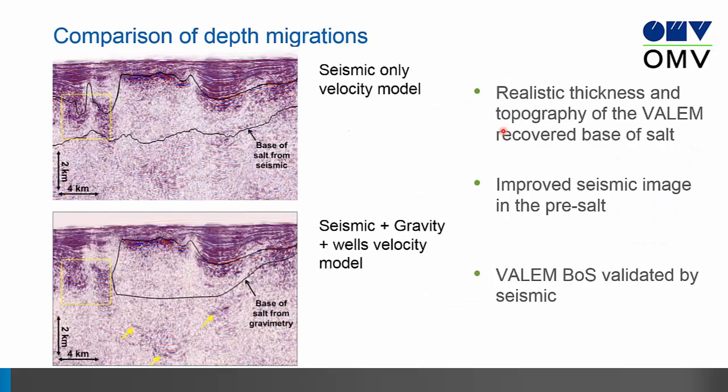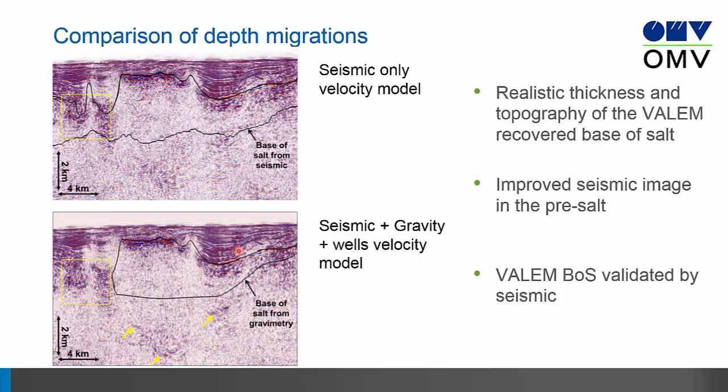And here is a comparison of depth migration along one test line between the velocity model based on seismic interpretation only at the top here, and the velocity model based on the integrated gravimetric, seismic and well data at the bottom here. So the solid black lines show the top and base salt respectively on both these figures.